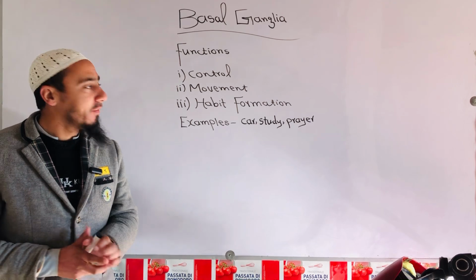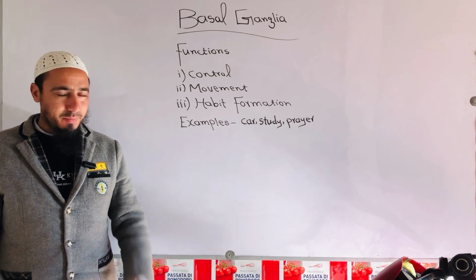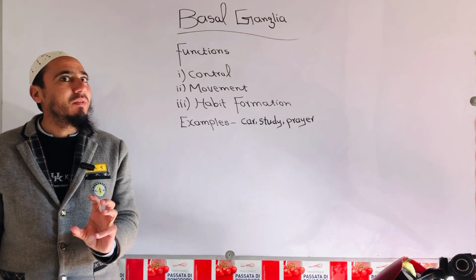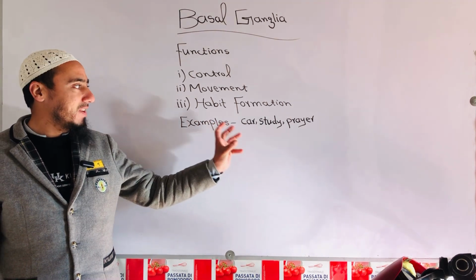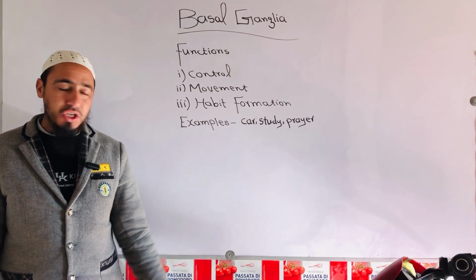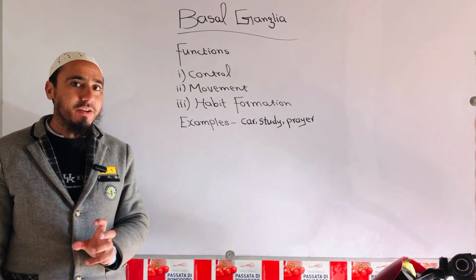How is it so? For example, let's start with the car. For example, you are new to the car. It means you have not driven a car. You want to learn to become a driver in future.